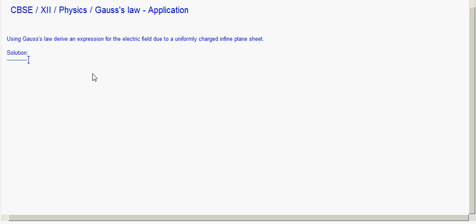That is a question. So we need to find out the electric field due to uniformly charged infinite plane sheet using Gauss law. So first we will consider a large plane sheet. Let us consider a uniformly charged plane sheet.